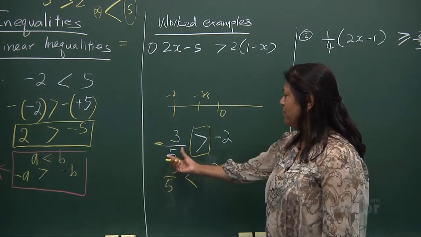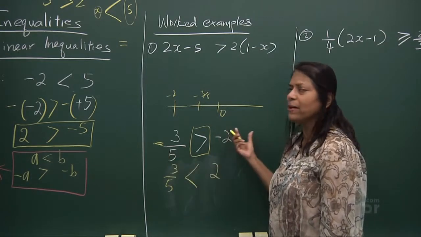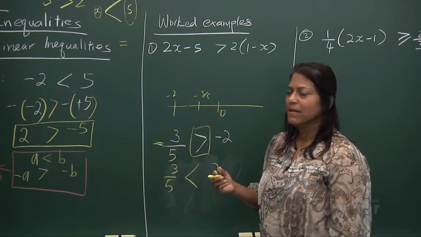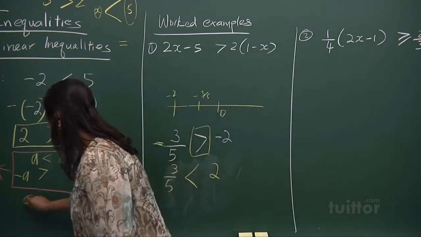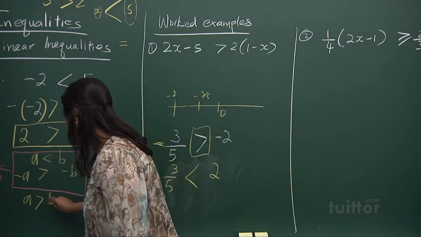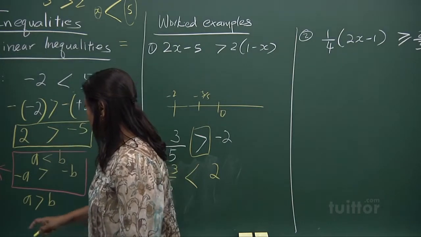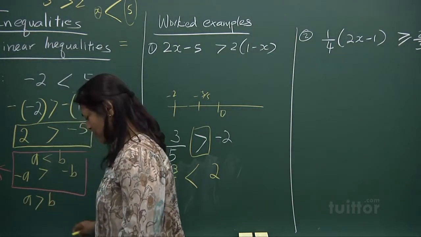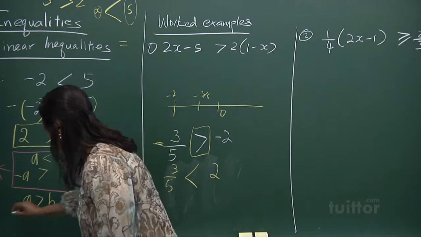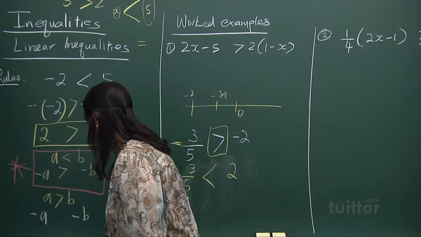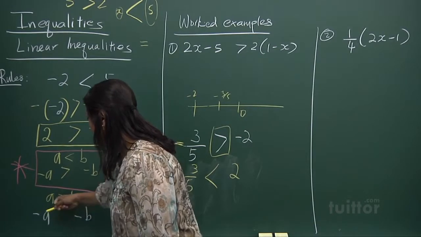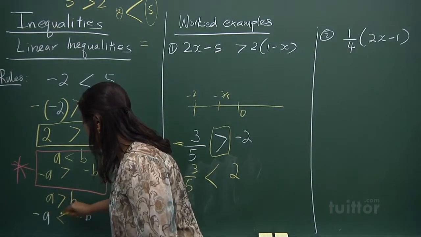Or if you bring the divide of a minus number over, it becomes the change of sign. If I have A bigger than B, and I multiply both sides with minus, I have a minus A and a minus B. The sign from bigger will change to smaller.